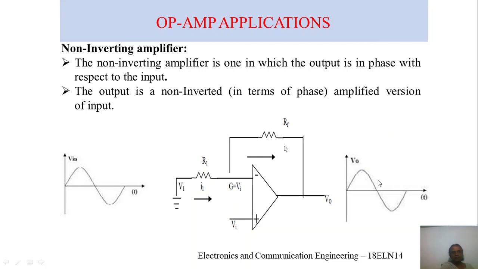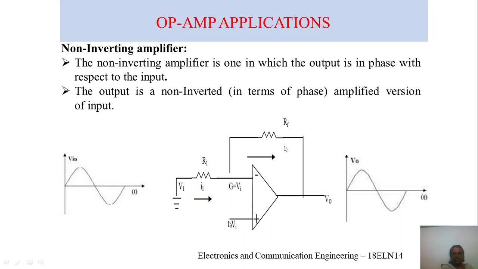Likewise, we can say that the feedback applied at the inverting input will help the output to be in phase with respect to the input. In this we can see that the input voltage signal Vin is applied to the non-inverting input.